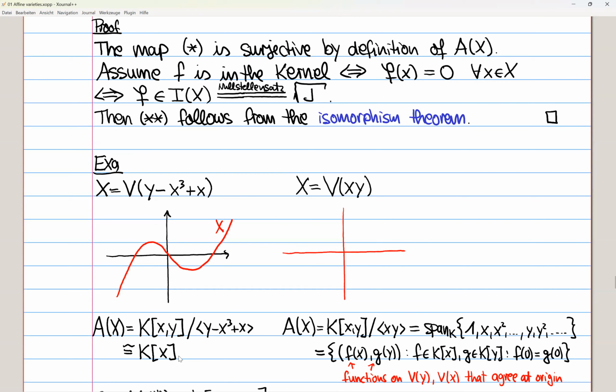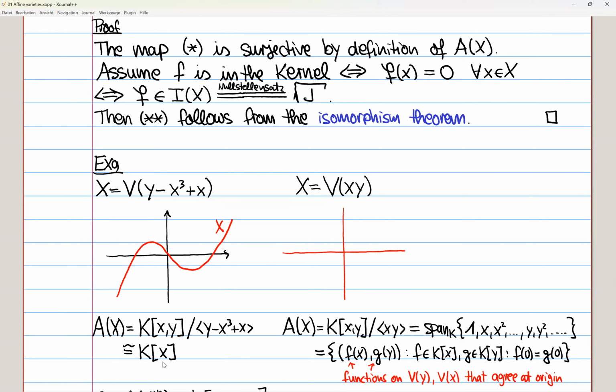And that's kind of plausible because if you want to specify a function on this red part given by a polynomial, then this is telling you, in fact, you only need the x coordinate to specify your value. So if you give any polynomial in x, then this can describe any polynomial function here, and it describes it uniquely.